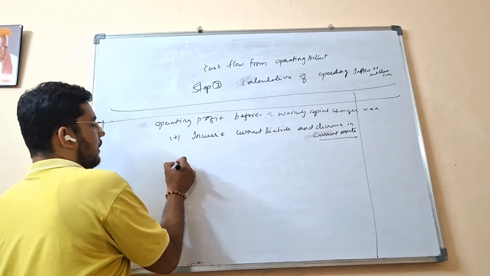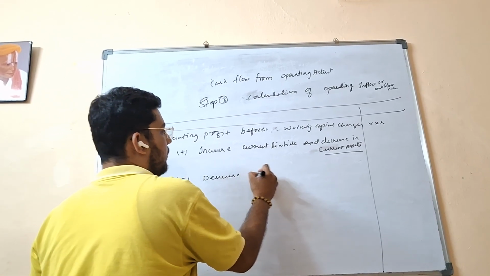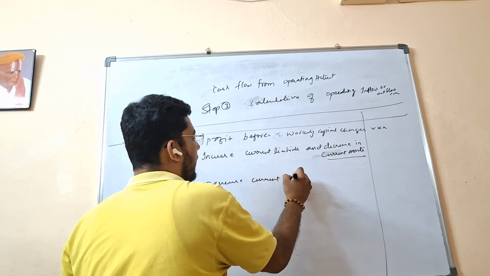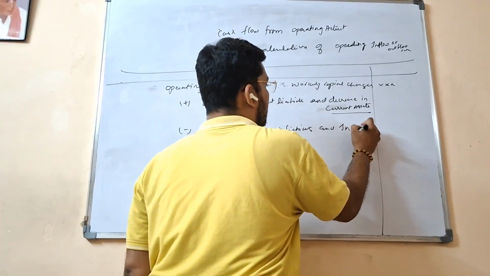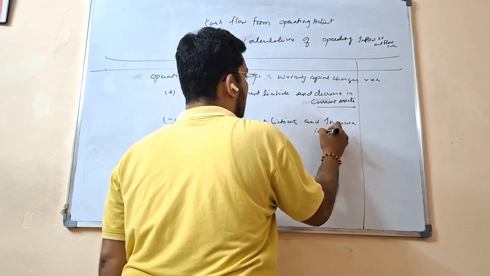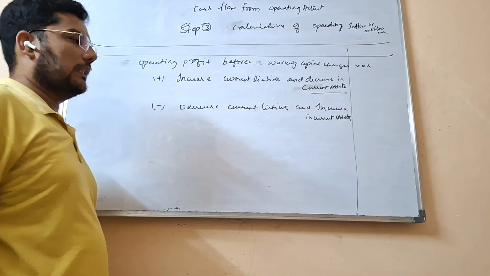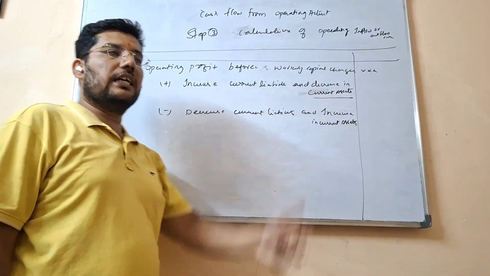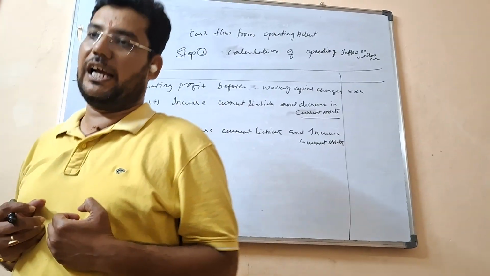Then we are going to deduct decrease in current liabilities and increase in current assets. Now, why are we doing this? Increase in current liabilities is assumed to mean we are borrowing funds, so there is an inflow of cash.